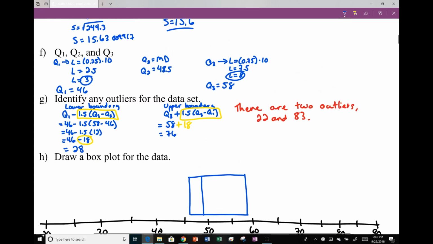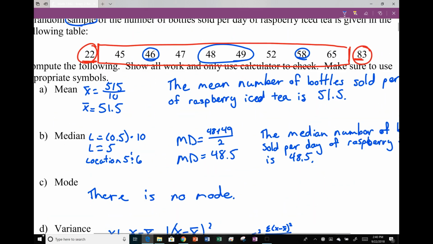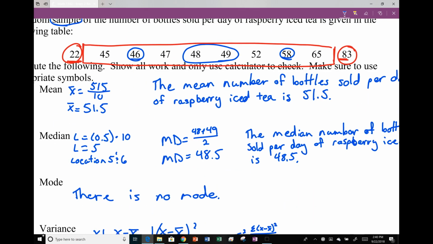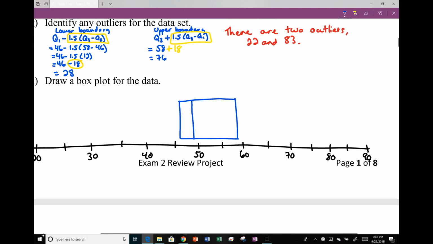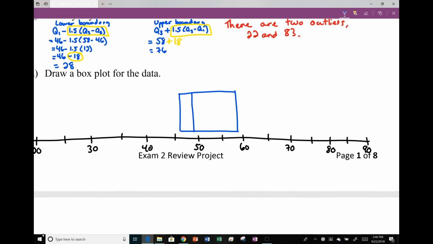Now I'm going to go back up to our data so that we can look at it. This right here, the red box, is what we consider the interval. The numbers just inside there, the 45 and the 65, are going to be where our whiskers go to. So scroll back here. We go to 45, and we draw a whisker.